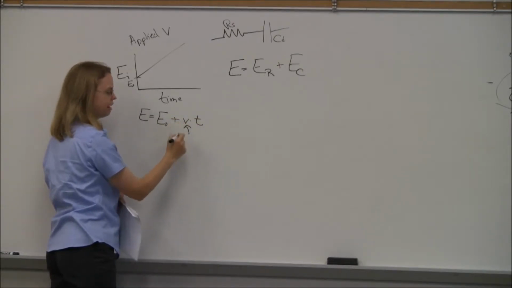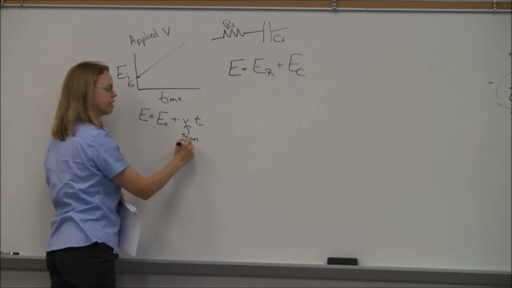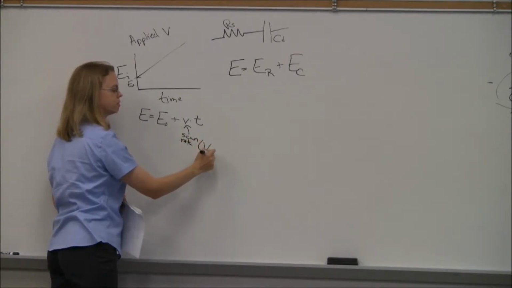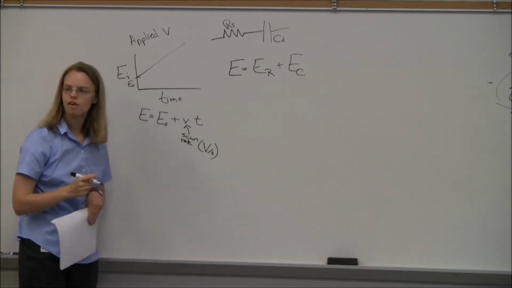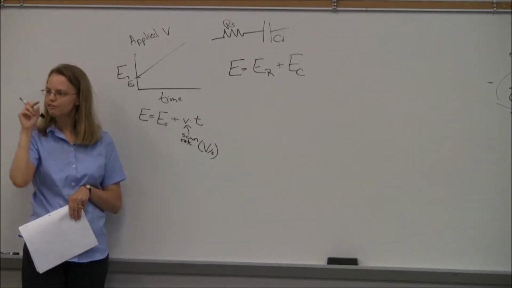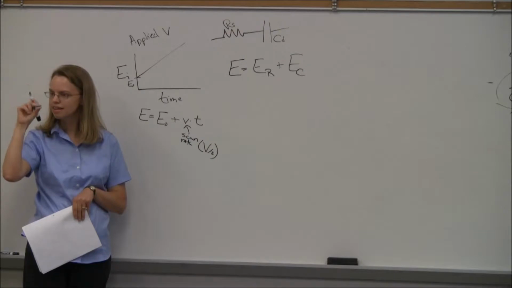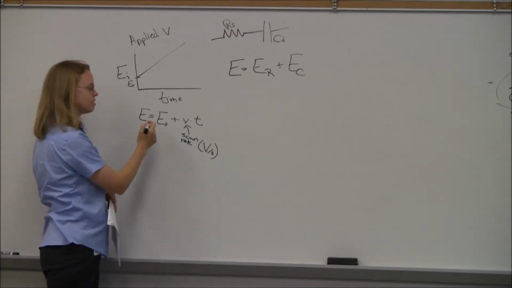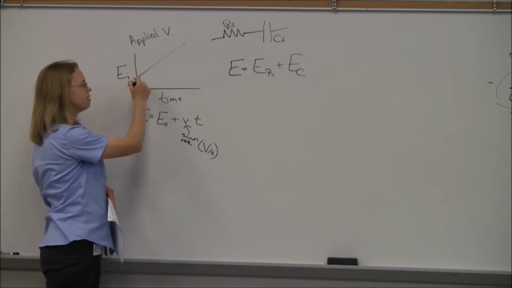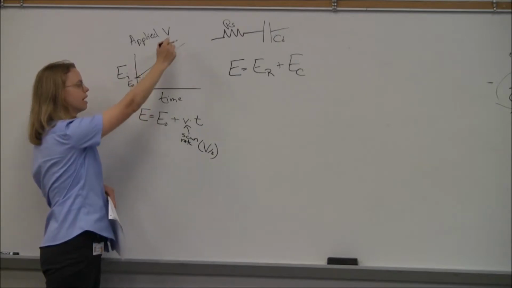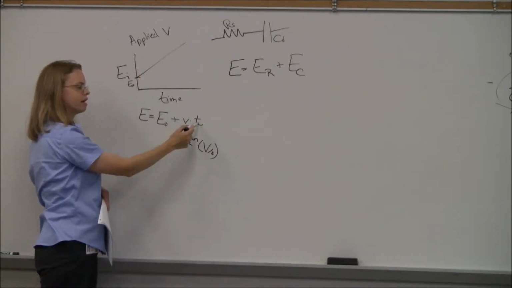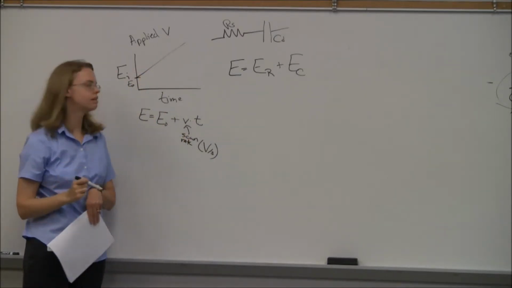Little v, and I'll try to write it little, is what we use for scan rate, in volts per second. Sorry, it's hard sometimes to distinguish that. Little v is scan rate, not voltage. That's not big V, that's little v. So we start here at some initial voltage, we scan up at a given rate over time.